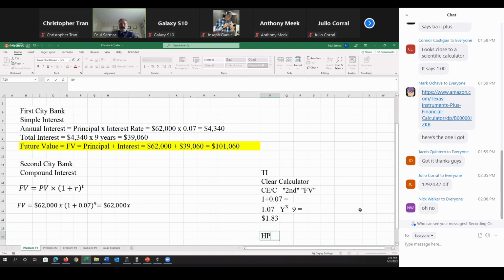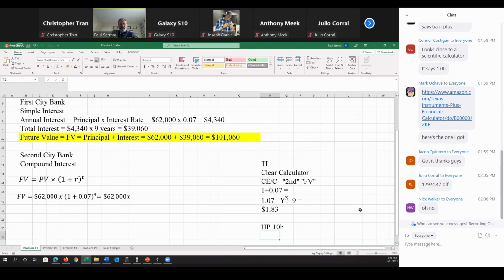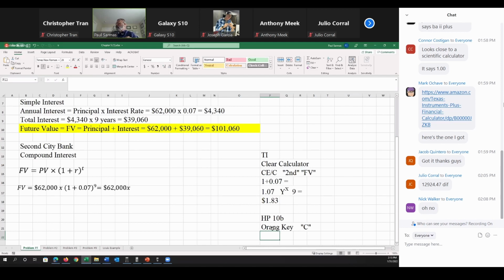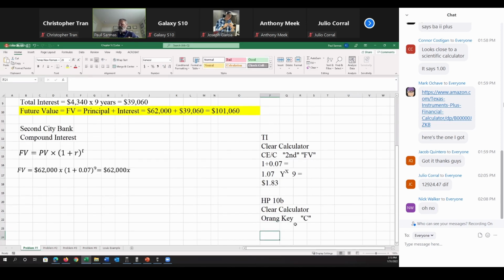For HP 10B, you do orange key, that's the arrow key, and then C key. That clears the calculator. In fact, let me say, clear calculator. And then you do 1 plus 0.07 equal.